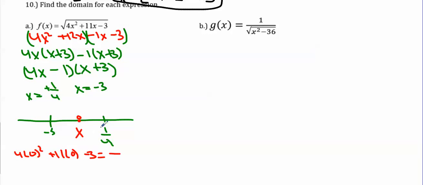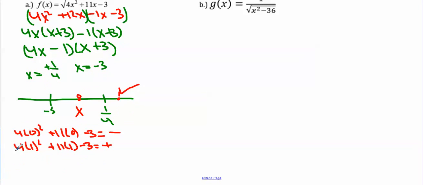Now I'm going to pick something higher than 1/4, so I'll just go ahead and pick 1. So I have 4 times 1 squared plus 11 times 1 minus 3. 1 squared, that's 4, plus 11, that's 15, minus 3, that's 13, so that's positive. So yes, this section checks out. Now for a value that is less than negative 3, I'll go ahead and pick negative 4.